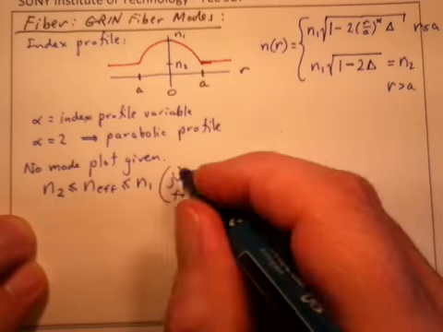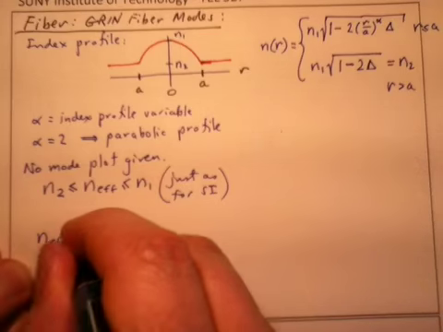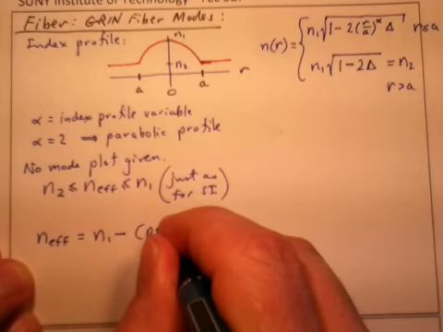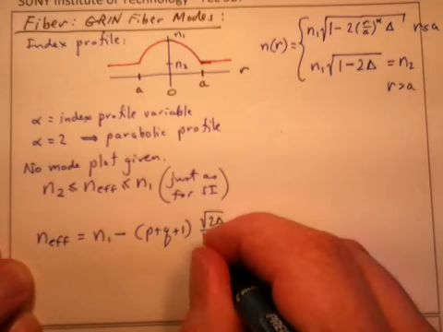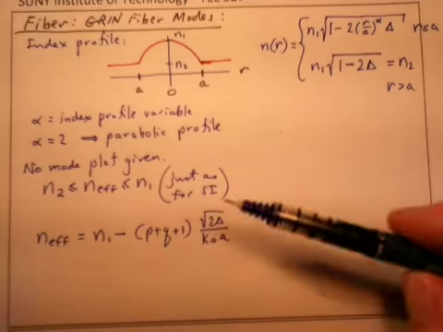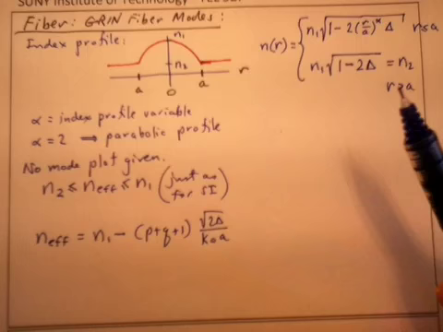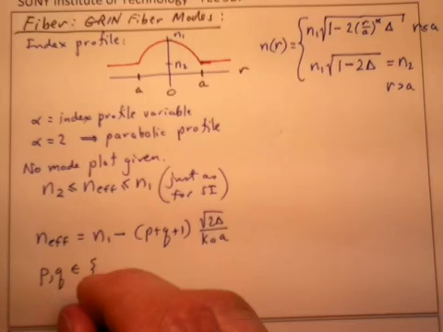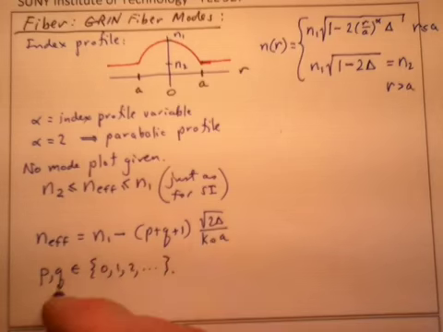And we can write that n effective is equal to n1 minus (p plus q plus 1) times the square root of 2 delta over k naught a, where a is the core radius, k naught is the propagation number in the vacuum, delta is the standard delta, and p and q characterize the modes. They're integers or natural numbers.